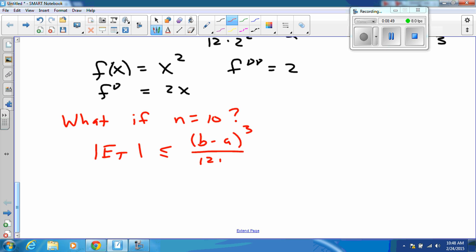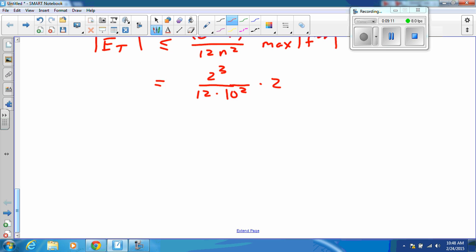Again, the error bound is less than or equal to (b minus a) cubed over 12n squared times the max of f double prime. And we get to recycle a lot of our work because the b and the a are still 2 and 0. But now the n has changed. I'm using 10 trapezoids instead of 2.